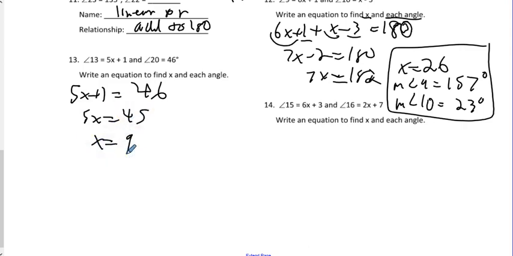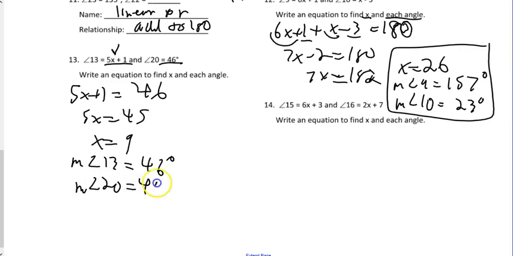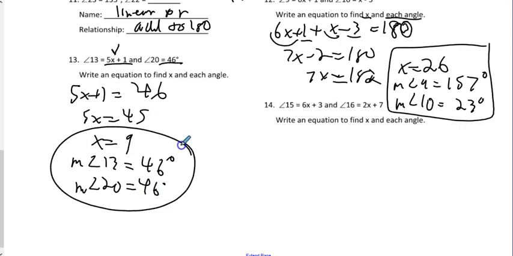That's not my only answer. I had to plug in 9 here, and 20 is easy. So the measure of angle 13 is 9 times 5 is 45, plus 1 is 46. Now it's easy because they're congruent, they're equal. So if we know this is 46, this has to be 46. So the measure of angle 20 is obviously already 46 degrees. But it did say give both, so there you go.